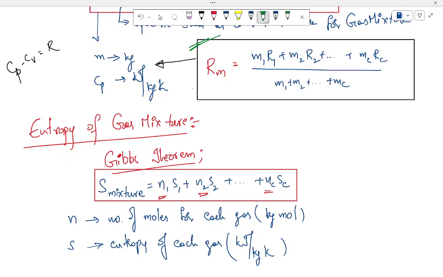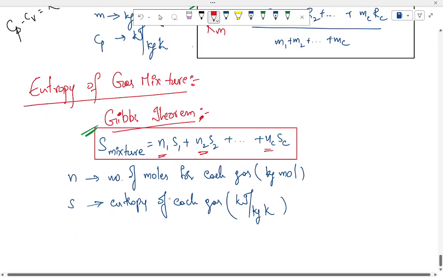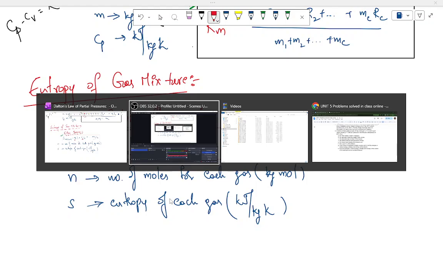So these are the various formulas that we have in the entropy, not just in the entropy, it's regarding all the gas mixtures. These are the various formulas that you're going to have.